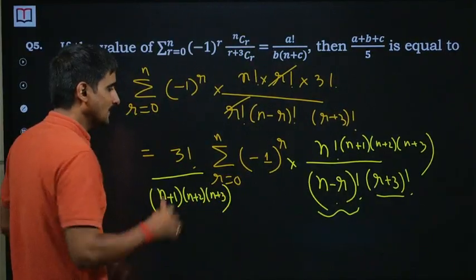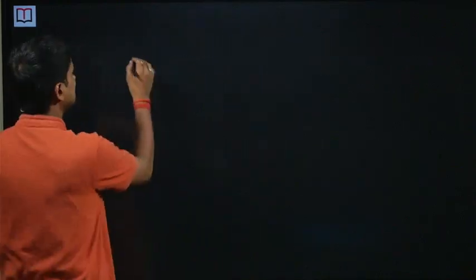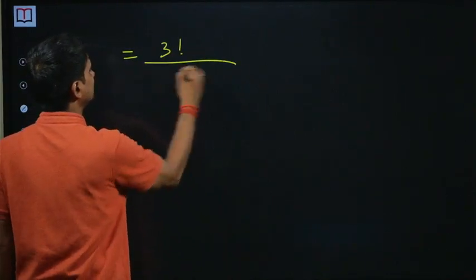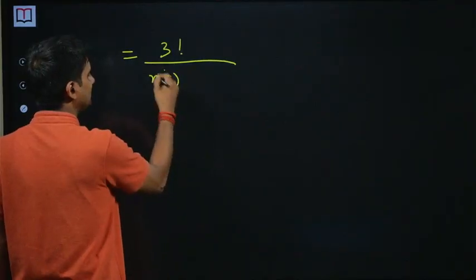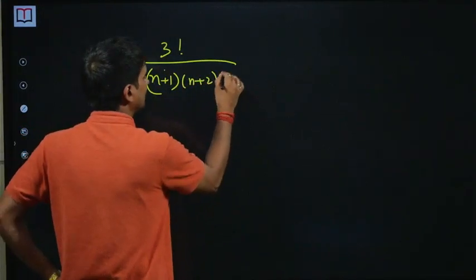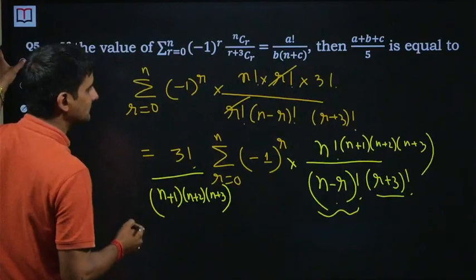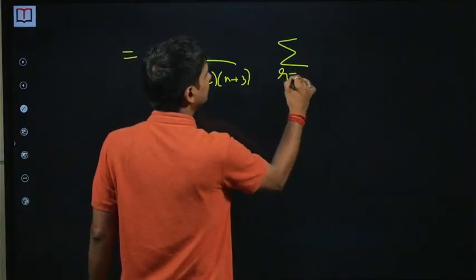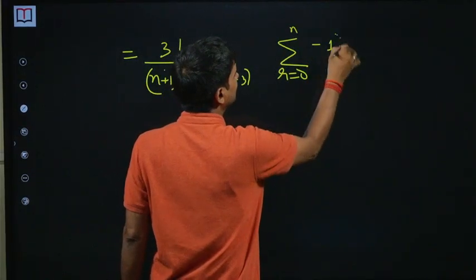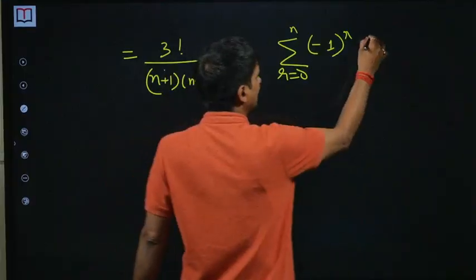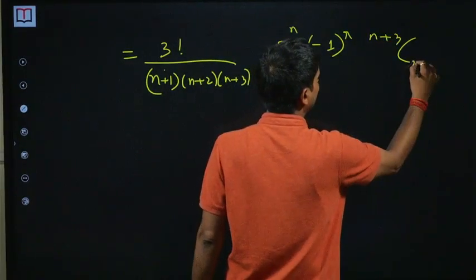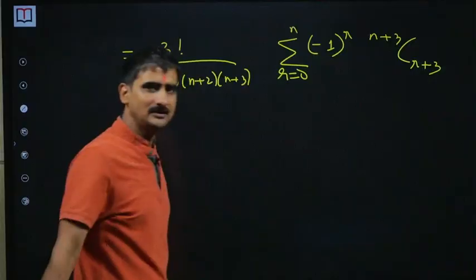Okay, so now the situation is, the series is this into n plus 1, n plus 2, n plus 3, and then summation where r goes from 0 to n minus 1 raised to the power r, n plus 3 C r plus 3. All of you agree, isn't that?